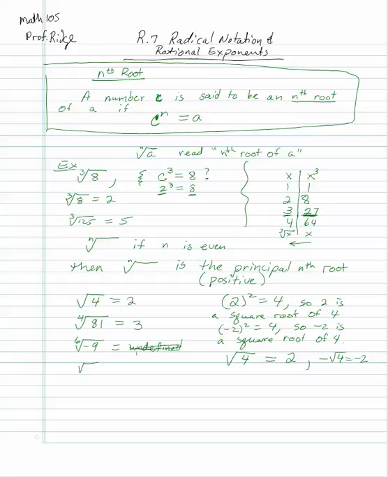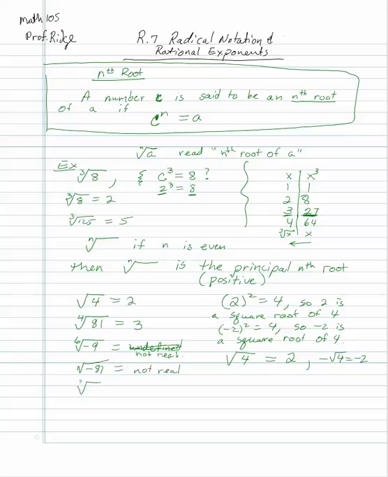Actually, instead of saying undefined, we want to say not real, because we can define it using imaginary. Alright, so it's not real. So square root of negative 81, that's not real also.